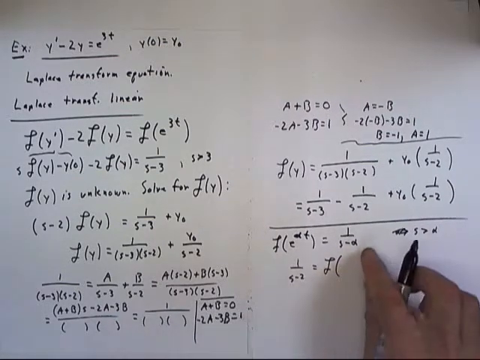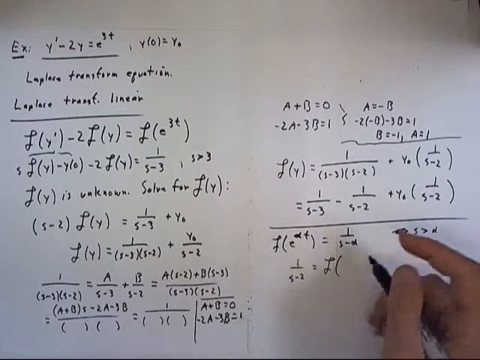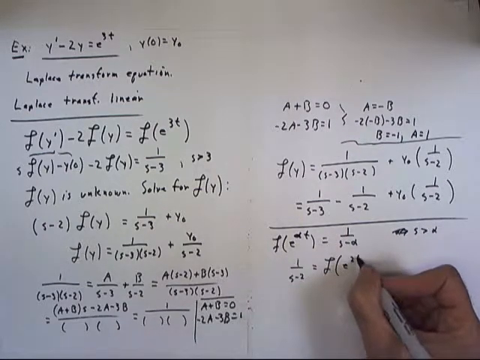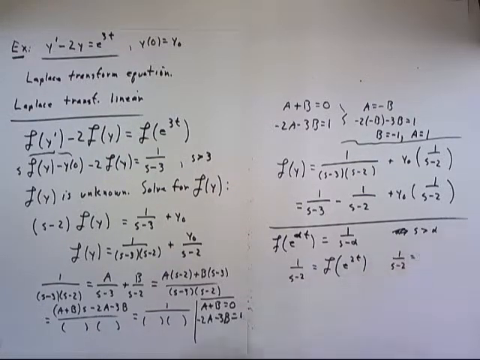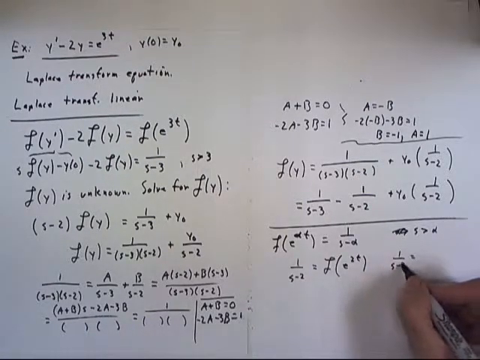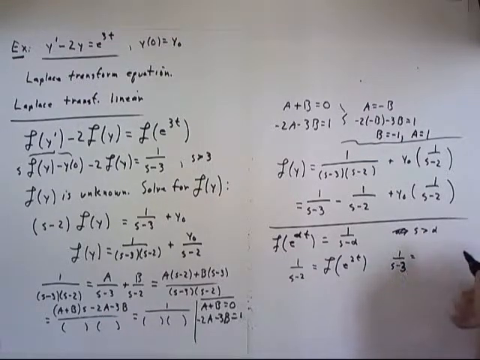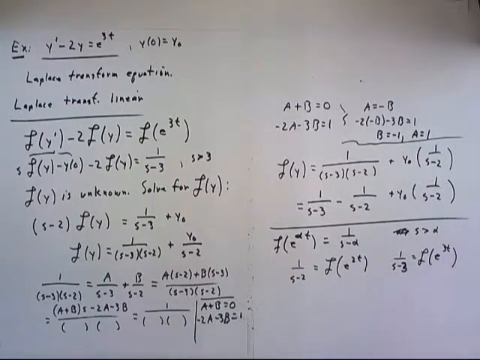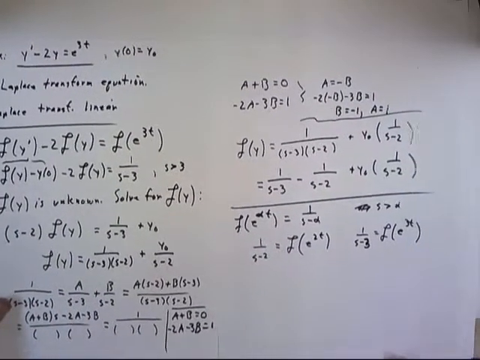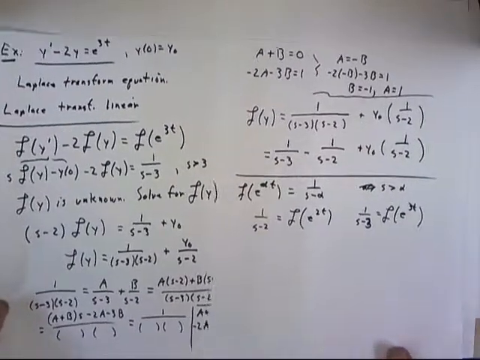Well, that's just this with alpha equal to 2. This must be then e to the 2t. And 1 over s minus 3 is the Laplace transform of e to the 3t. Once more, I'm making use of the linearity of the Laplace transform.